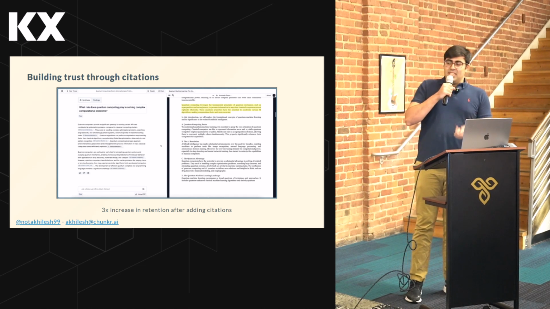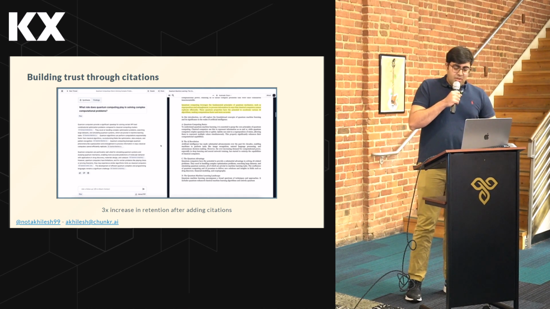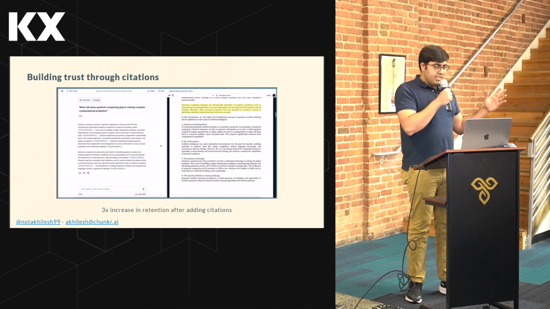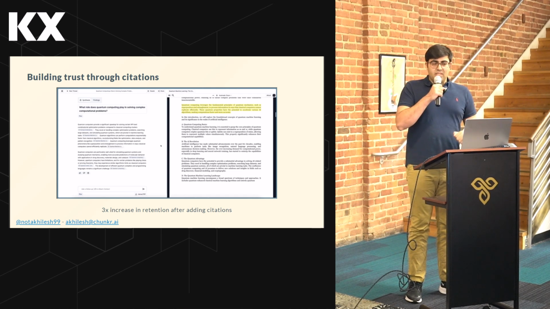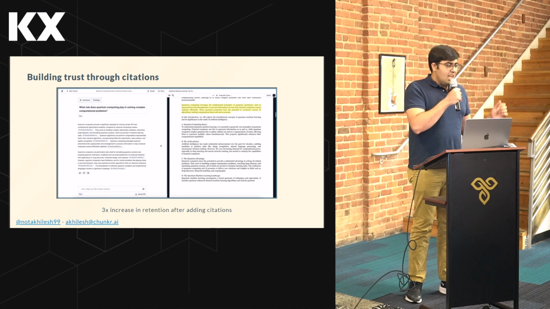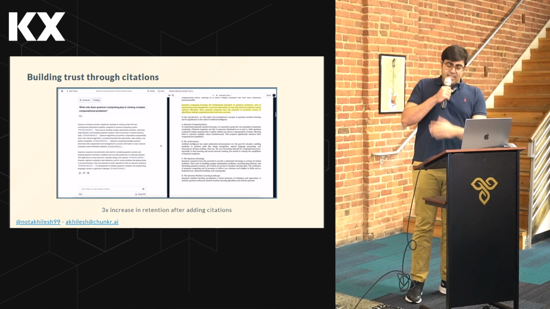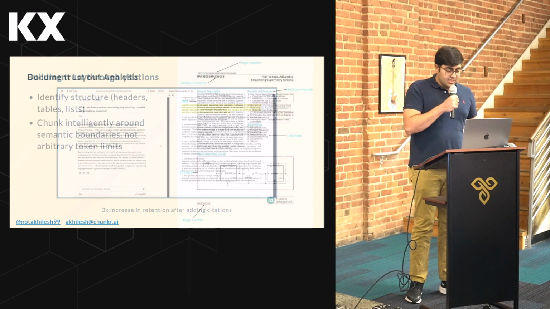The reason it was surprisingly difficult to build was because every time we would go through an iteration, we would have to reprocess all of our data. We would have to reprocess 100 million PDFs to get this new thing that we didn't know we needed. In this case, it was document layout analysis.